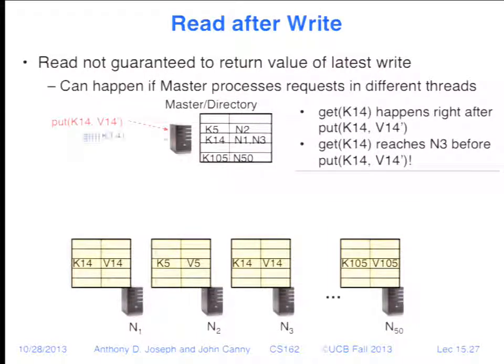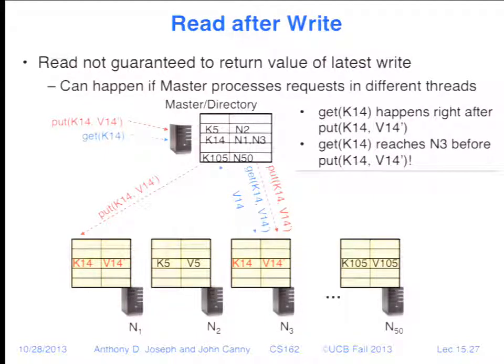So you can see in this case, here's the GET request coming in for that key now, and it's going to retrieve the most recent value here. In this case, we have the GET request actually coming in before the put request.